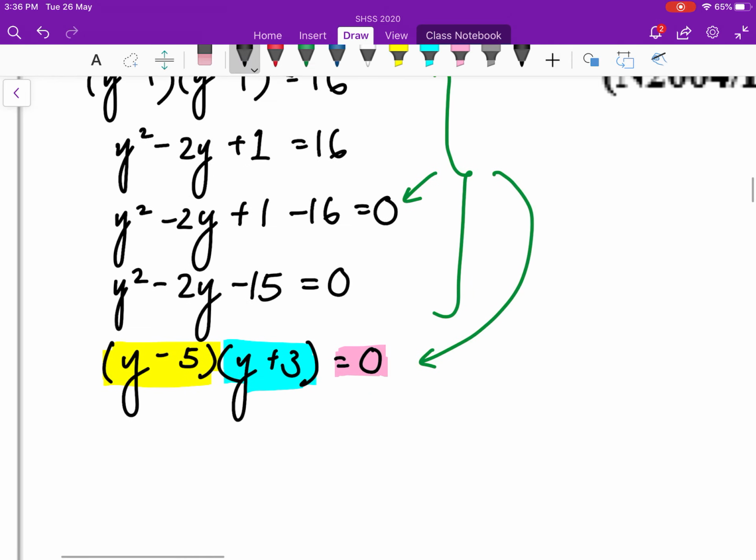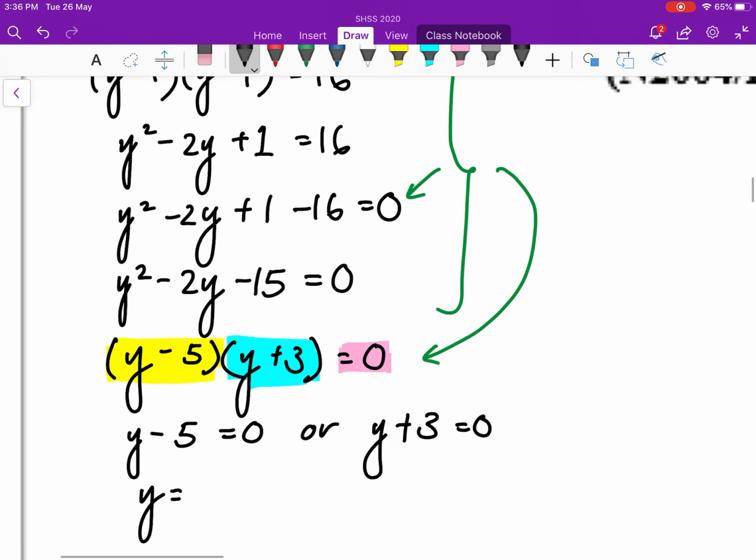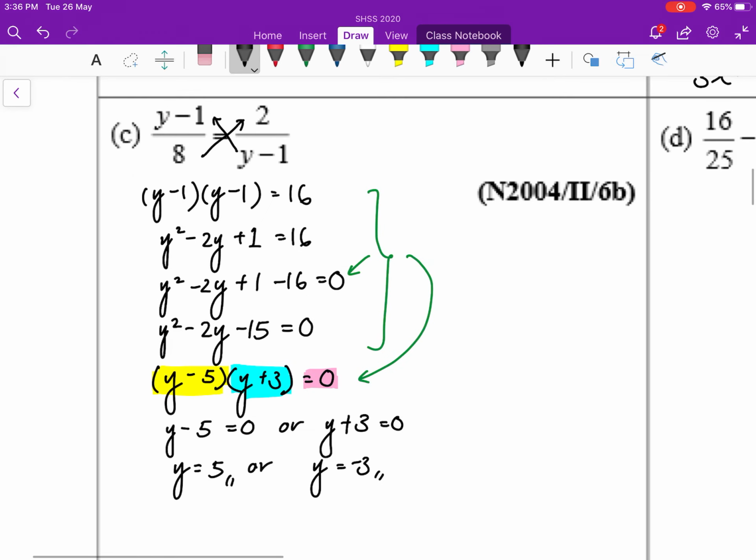Alright? From here, y minus 5 equals 0, or y plus 3 equals 0. Bring over the minus 5, bring over the plus 3. There you go, 2 answers. Remember, the manipulation on top is to get you to that stage where something times something equals 0.